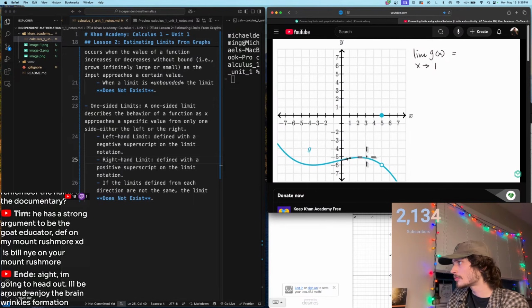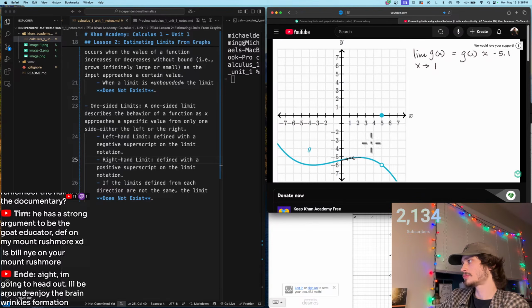And as x approaches 1 from the right-hand side, we approach the same value, so that would be equal to g of 1. That's a reasonable conclusion to make looking at this graph. And if we were to estimate that, g of 1 looks like it's approximately -5.1.